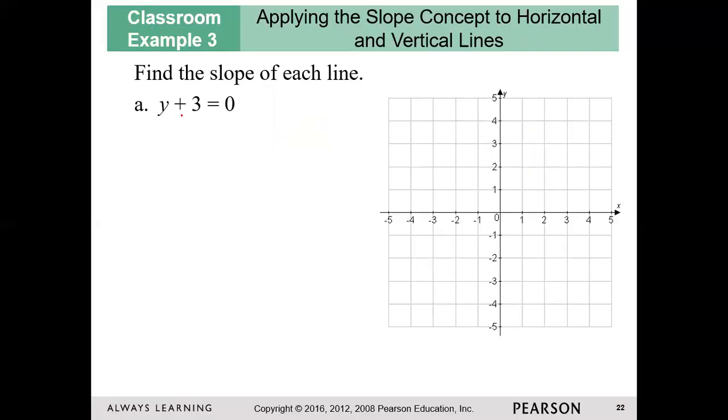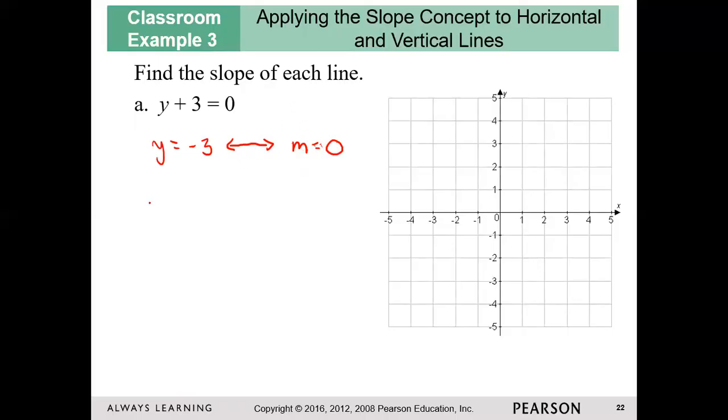All right, so let's find the slope of this line here. The first thing we want to do is get y by itself. We'll notice that this is one of our special cases because our x is not here, and we have y is equal to -3. We also learned in the previous section that this is going to lead to a horizontal line. Your slope of a horizontal line is 0 all the time, every single time.